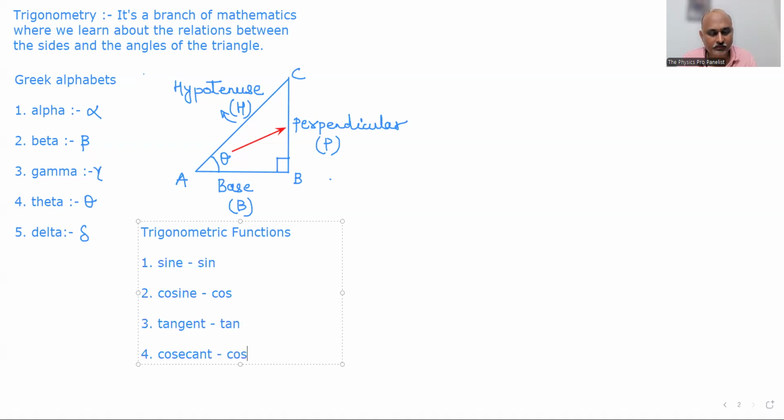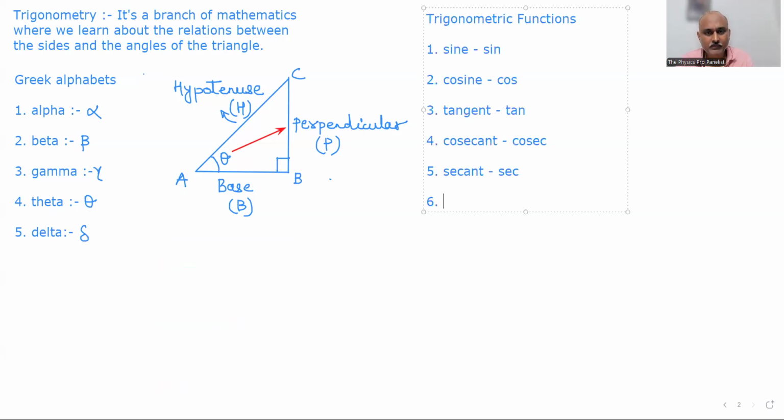In short, it is written as cosec. Fifth is secant. In short, it is written as sec. And the last one is cotangent. In short, it is written as cot. Okay. So these are the trigonometric functions.